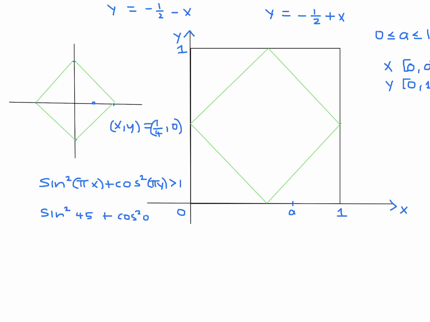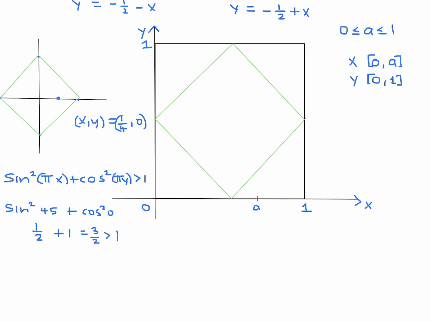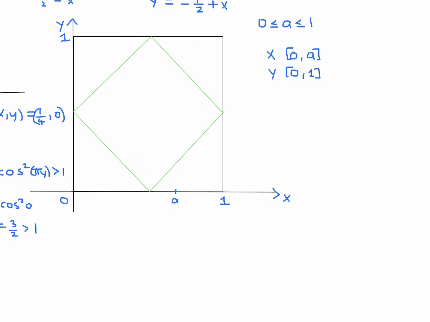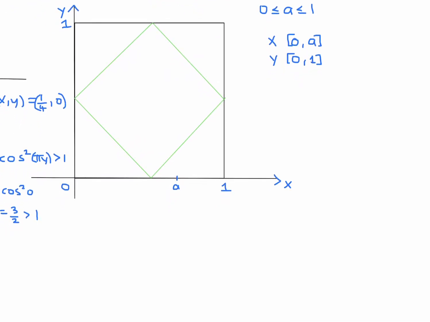Well, sine of 45 is 1 over root 2, so if you square it, you get a half. And the cos of 0, well, you know that is 1. So when you square that, it's 1. And 1 plus a half is 3 over 2, and of course that is indeed greater than 1. So that means points have got to be inside. So that's just something I wanted to show to illustrate that we now are working with this unit square, and in particular points that are inside.